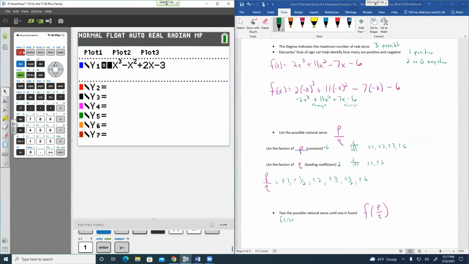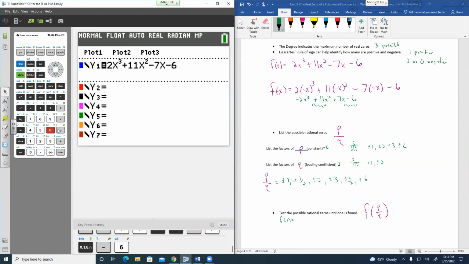So my function was up there. So I have y equals 2x cubed minus, I don't have that one in there, do I? So let's clear that off. So I have 2x cubed plus 11x squared minus 7x minus 6.